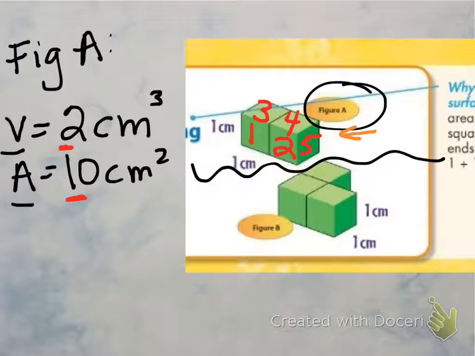Behind 1 and 2 we would have faces 6 and 7. Across from 5 we would have 8. Then the bottoms would be 9 and 10. That's how we get 10, and that's how they came up with the measurements for volume and area using those cube objects.